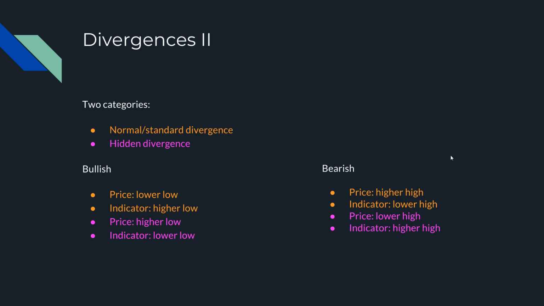There are two categories of divergences: normal/standard and hidden. This one is probably worth just screenshotting or saving. There's also a sort of divergence cheat sheet on BabyPips you can look at. So whatever you need to do just to have these in your mind, but it's going to be a lot more useful to go through some examples in a sec.